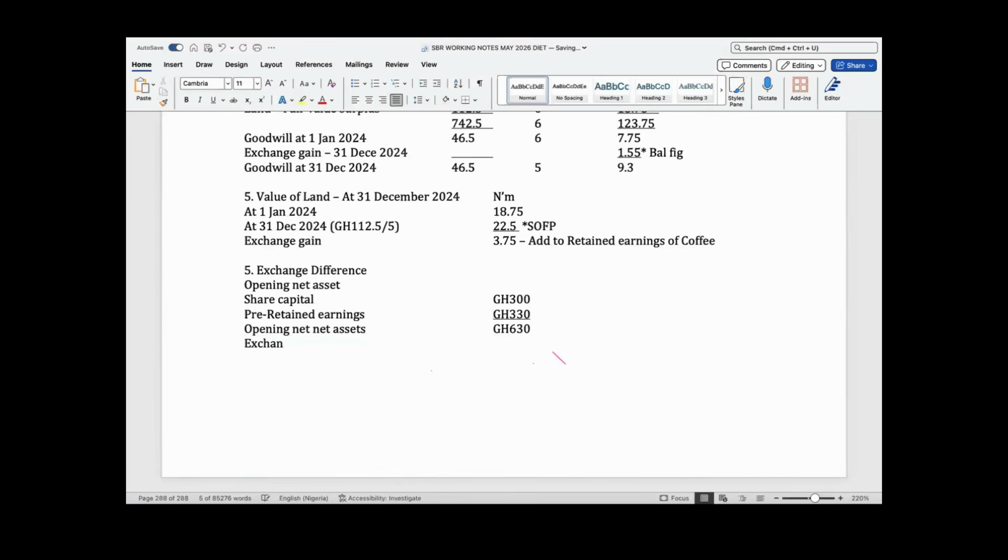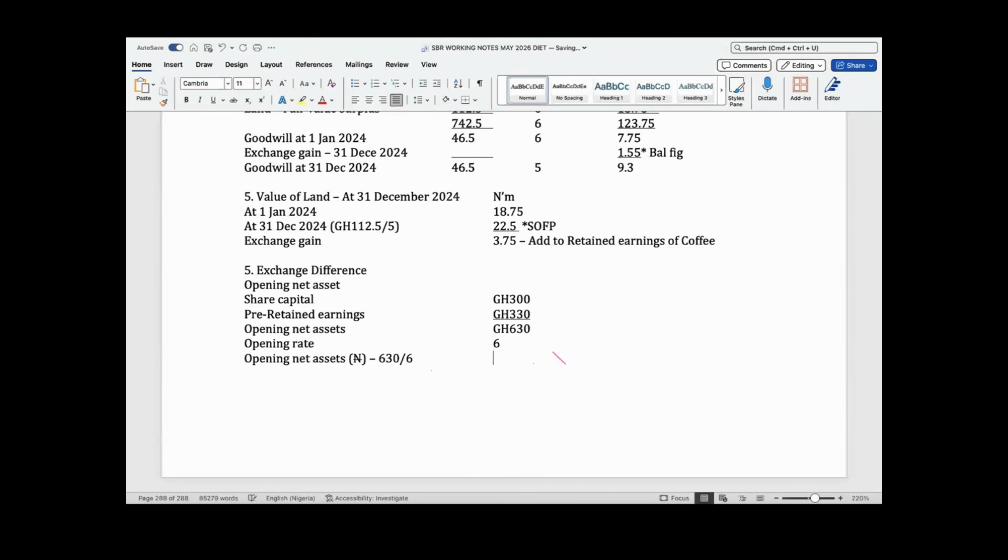So I will use my opening rate, which is 6 Ghana cedis, to get the opening net assets in Naira. I'm doing 630 divided by 6.